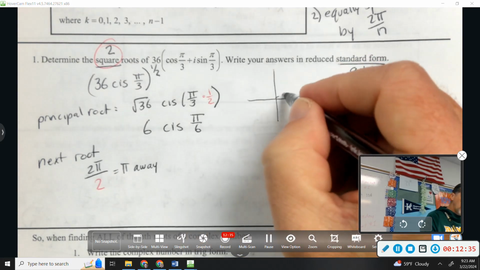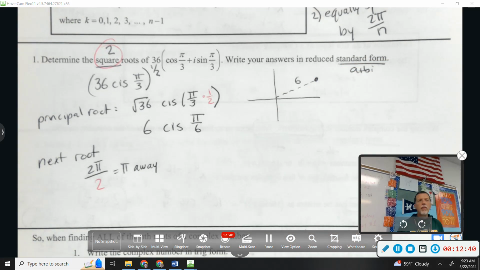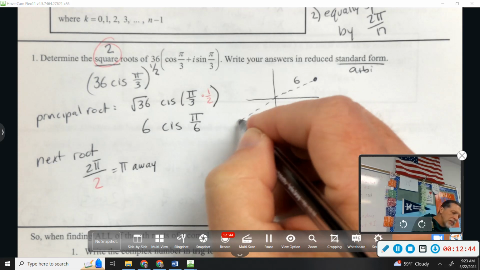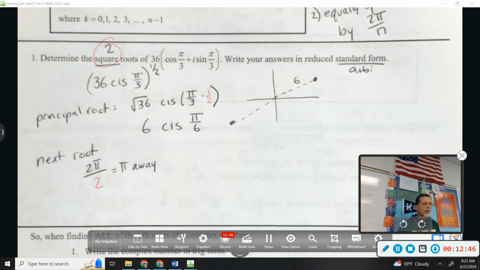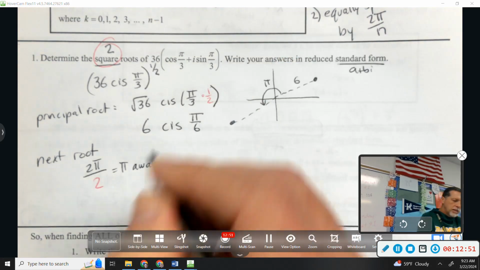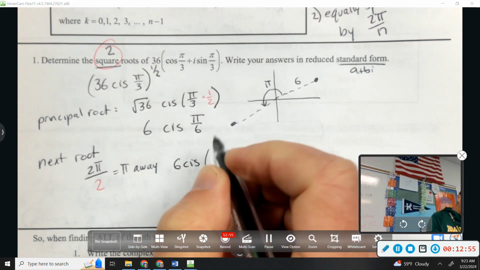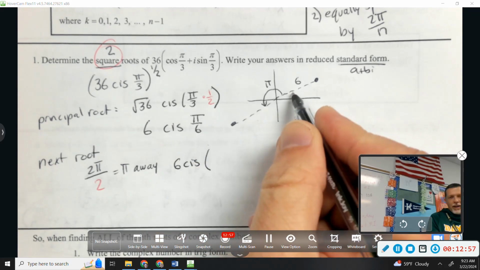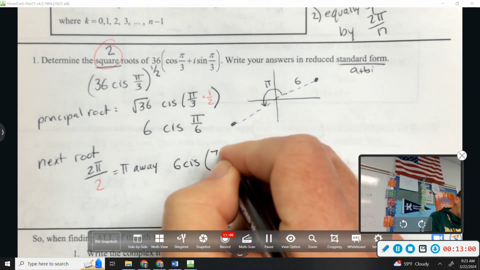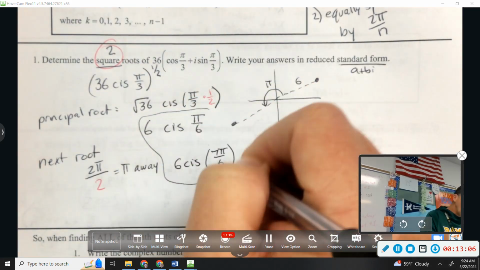So that would be shallow angle, 6 out. And if we're going to equally space 2, well, that other one's just going to be opposite over here on the other side, which happens to be pi away. So my other answer would be 6 cis, and I can either add pi, or if I can do it graphically, that's 7 pi over 6. So there's my 2 answers in trig form.